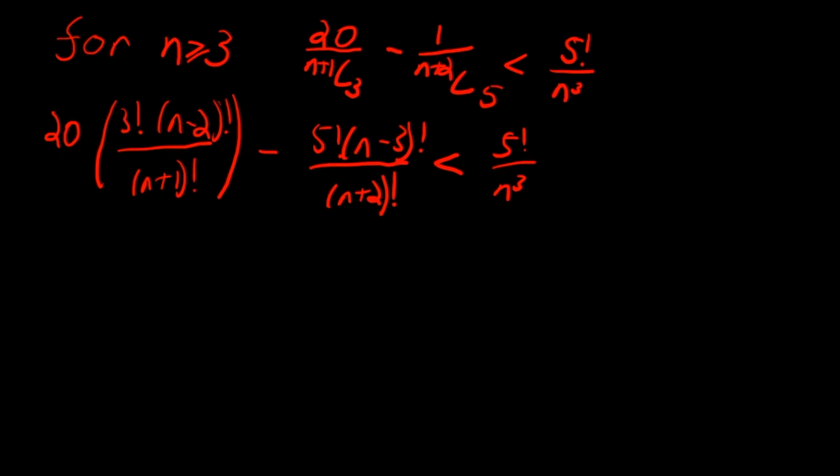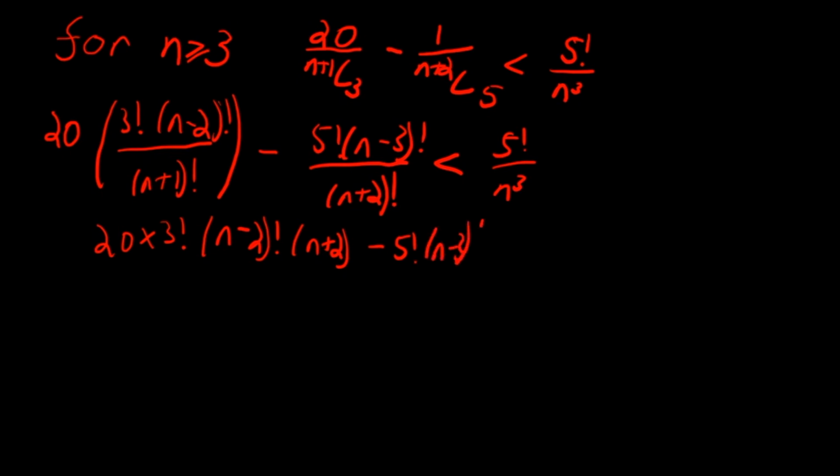So doing that will give us 20 times 3 factorial times (n minus 2) factorial times (n plus 2) minus 5 factorial times (n minus 3) factorial, divided by (n plus 2) factorial, is less than 5 factorial over n cubed.